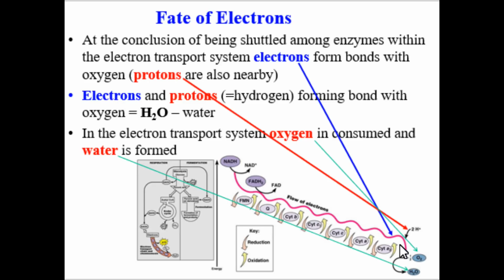The electron and the proton join together to form a hydrogen, and that hydrogen forms a bond with oxygen. 2 hydrogens for each oxygen molecule. There's oxygen that we breathe in that's distributed to our mitochondria that keeps this process going. This oxygen is the final electron acceptor.